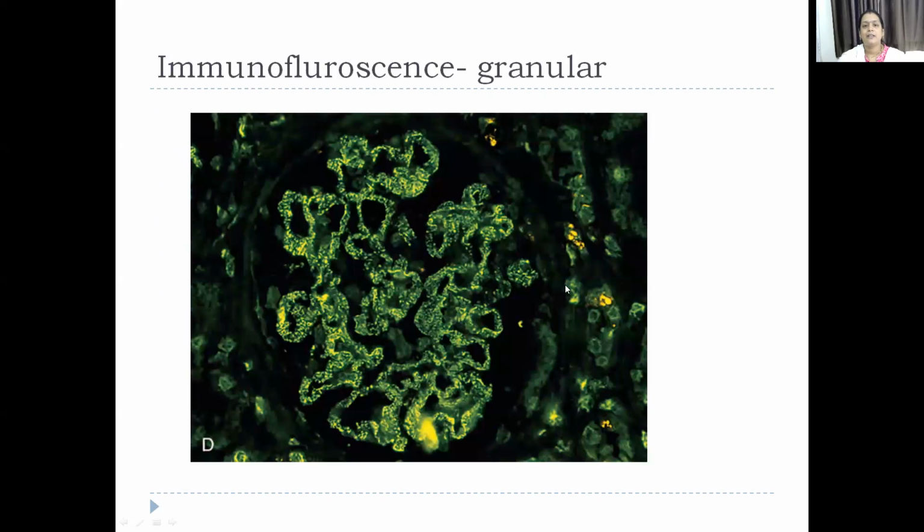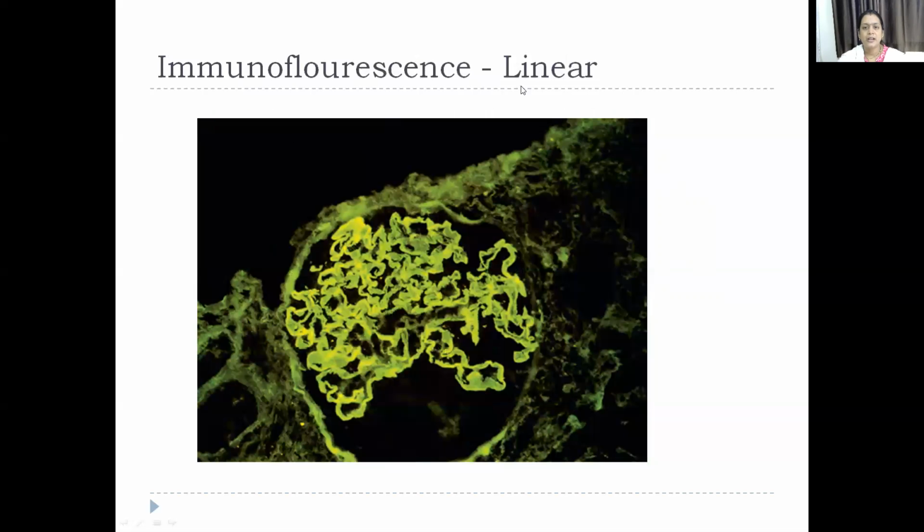These are the pictures to depict what the immunofluorescence looks like. This is the granular immunofluorescence. You can see the granularity here. And then here you are finding a linear immunofluorescence pattern. This is the characteristic of anti-glomerular basement membrane disease.